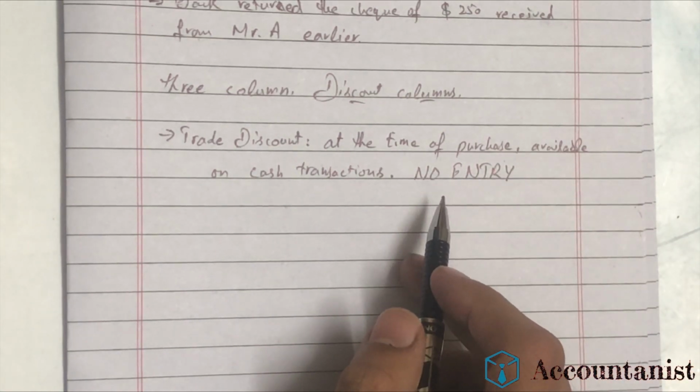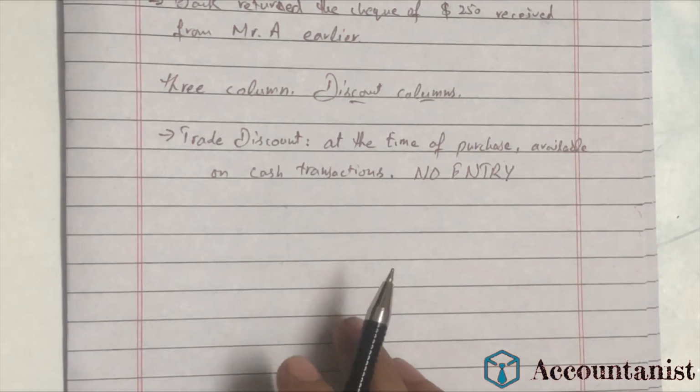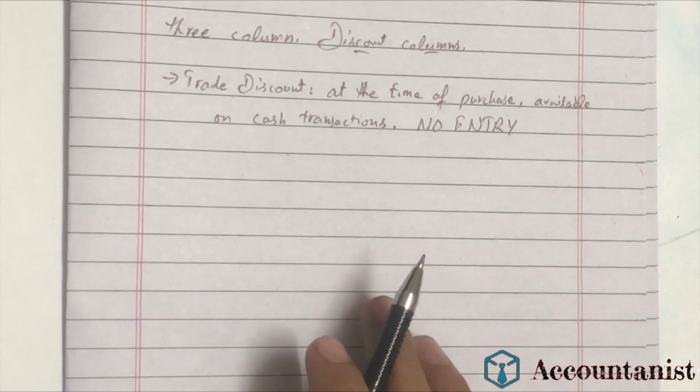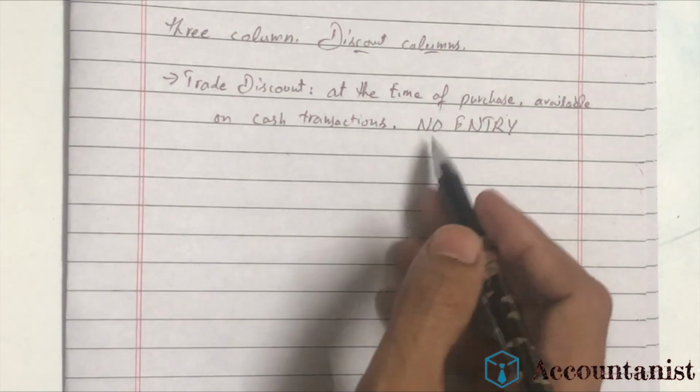So what do we do? If we purchase goods with a trade discount, we record the entry after deducting the amount of the trade discount.